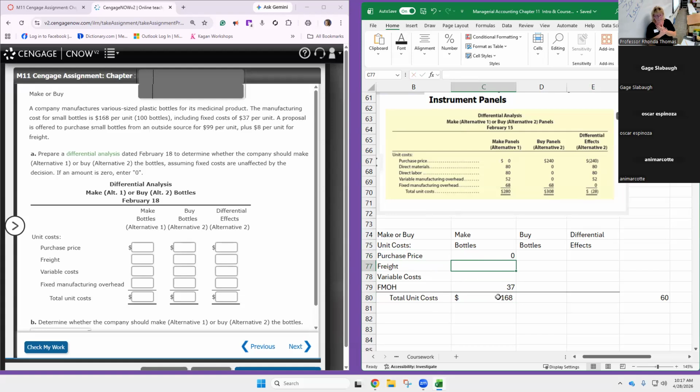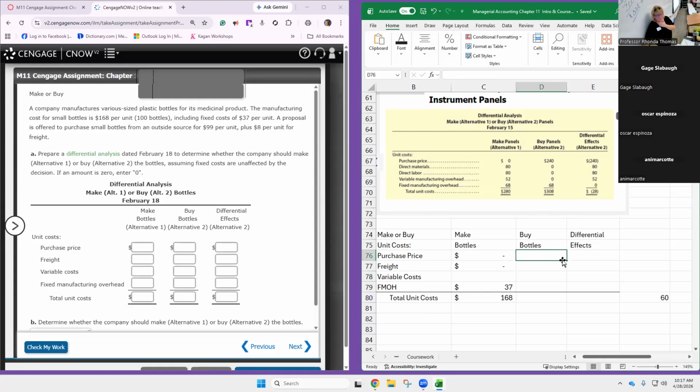And then the freight is also for having what you purchased shipped, right? So all of these should be dollars now to go together. All right. And then what we'll have to find is the variable costs. Okay, so then it says, a proposal is offered to purchase small bottles from an outside source for $99 per unit. $90 per unit plus $8 per unit for freight.